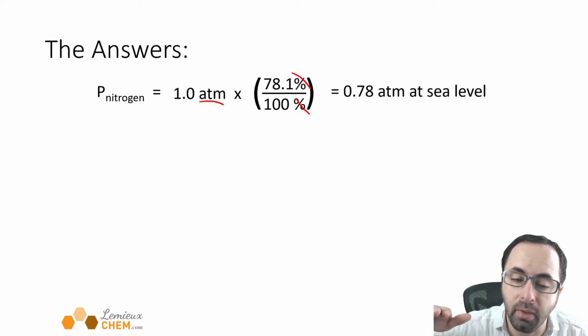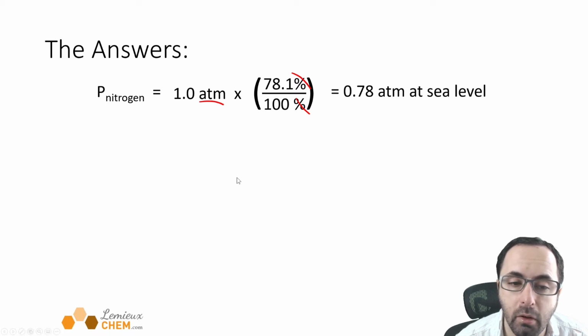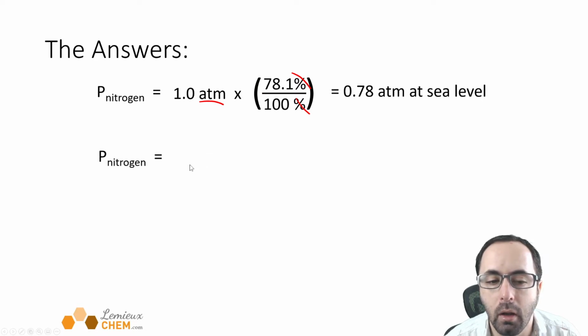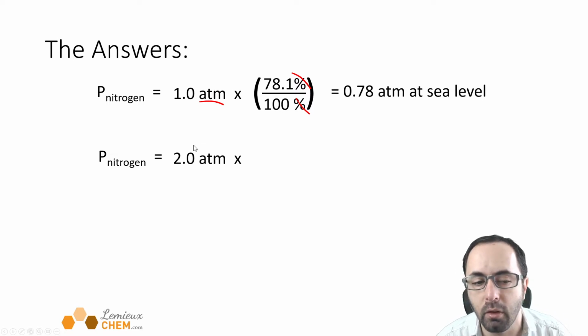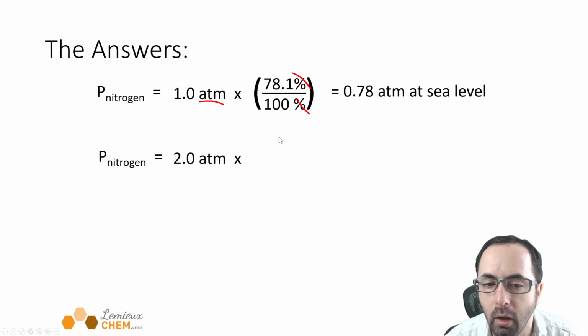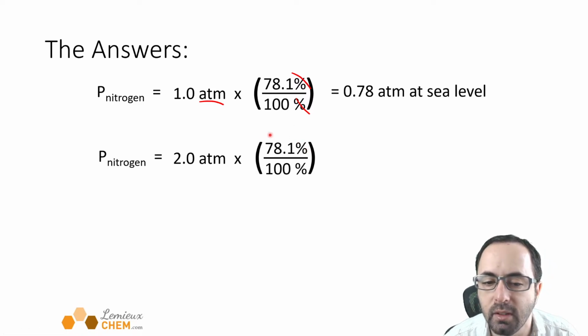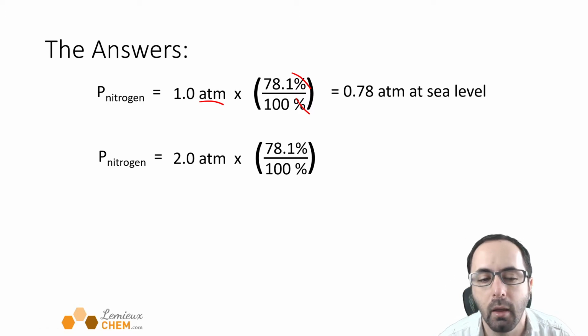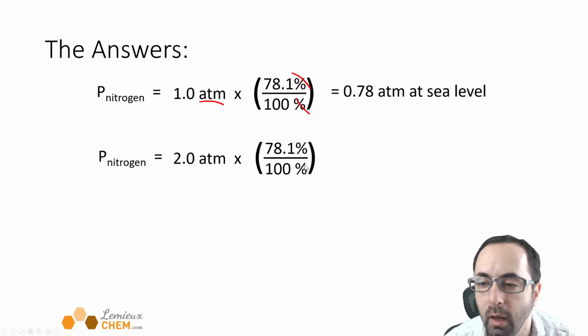But if we go down 32 feet below the surface, although the percentage of nitrogen is the same if we're breathing normal air, the total pressure now is going to be 2 atmospheres. Even if the percentage of nitrogen is the same as regular air, 78.1%, now the partial pressure of nitrogen from the tank, the high pressurized tank that you're breathing, is going to be based on 2 atmospheres, since that's what's pushing against your chest. And we're going to have a new partial pressure of nitrogen.